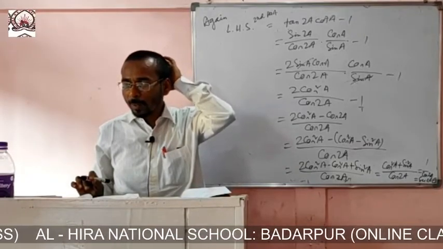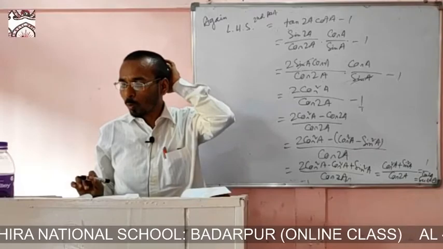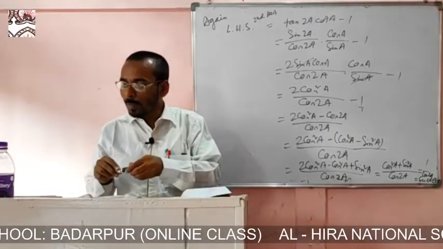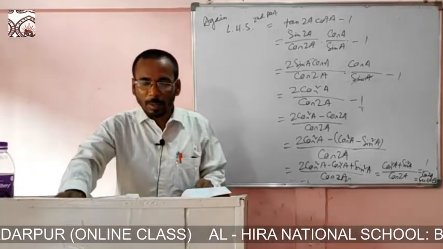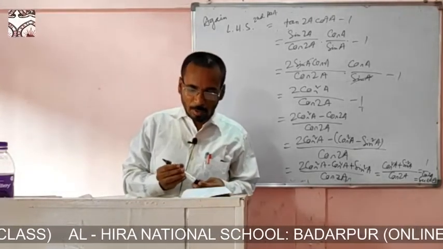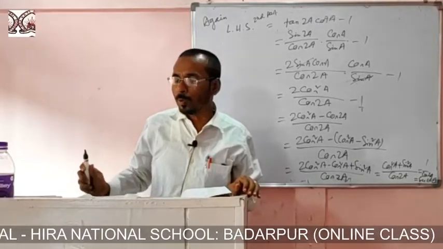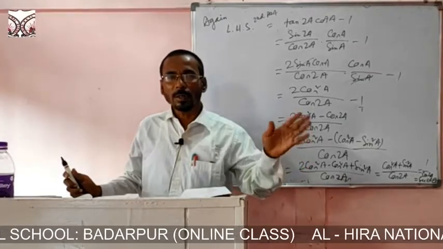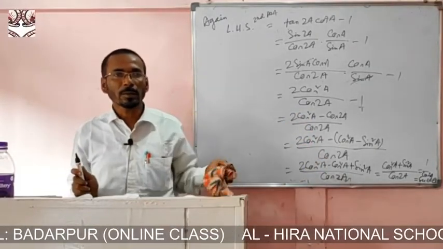You see number 11: if a plus b plus c is equal to 180 degree, then prove that tan a plus tan b plus tan c is equal to tan a tan b tan c. So here it is given a plus b plus c is equal to 180 degree. So it is very simple. If a plus b plus c is 180 degree, then a plus b will be 180 minus c.